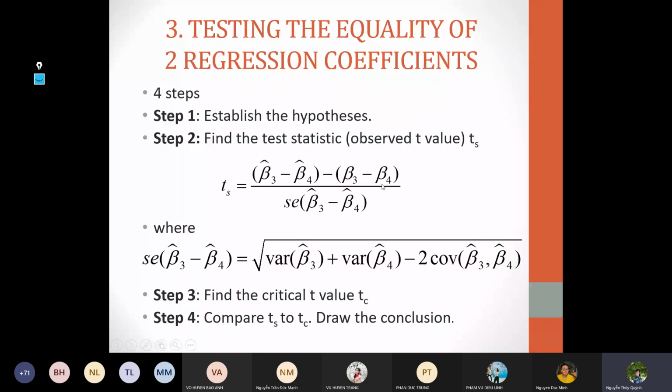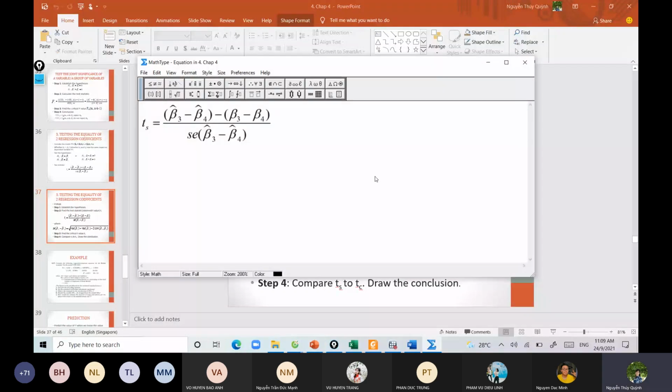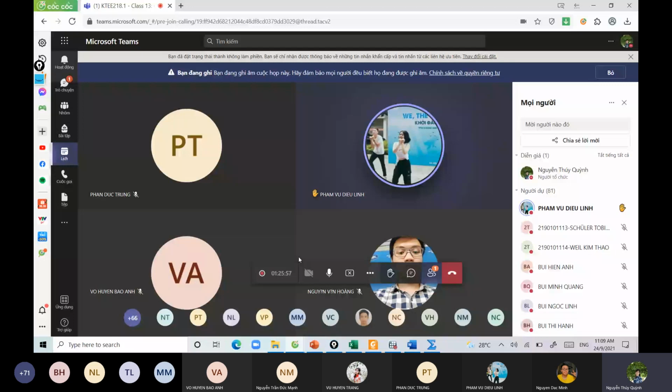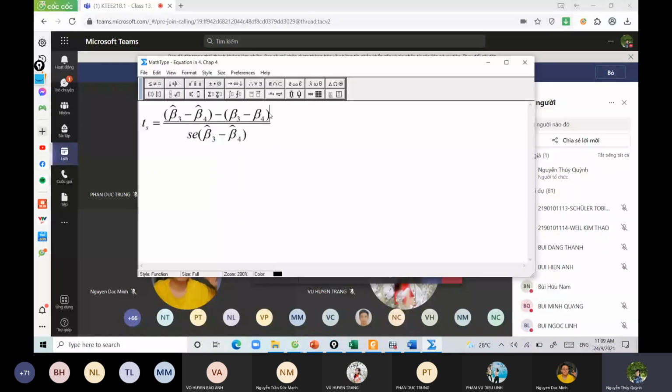Okay, I forgot this one. We must have a star here to stand for the suspect value. In this case the suspect value is equal to 0.